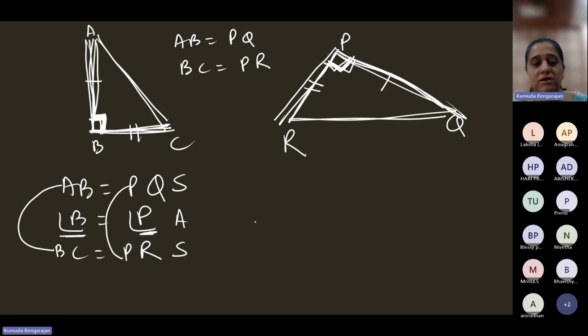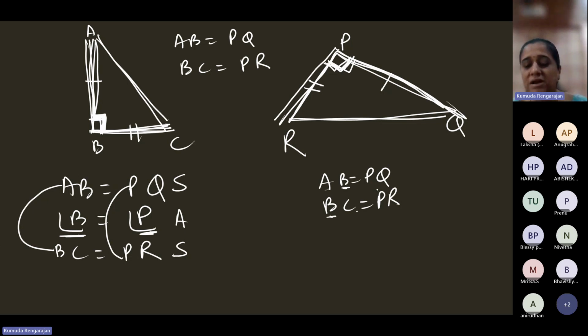Now to name the triangles in the correct order, let's take up the equalities we have written. We have written AB is equal to PQ, and then BC is equal to PR. Using these two equalities, let's name the triangles in the correct order. So I said AB, BC. It ends with B, so you start with B here, AB, BC.